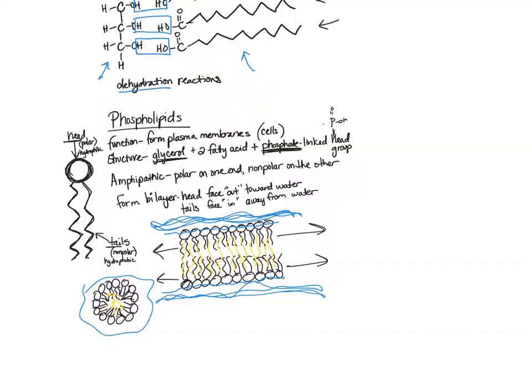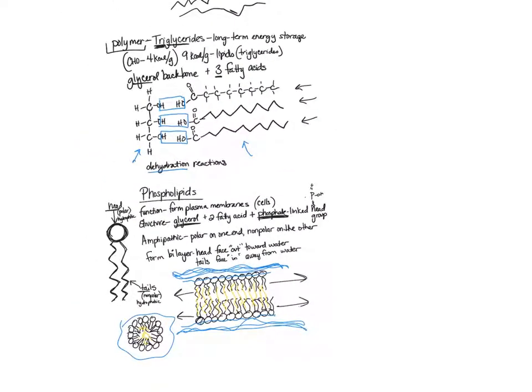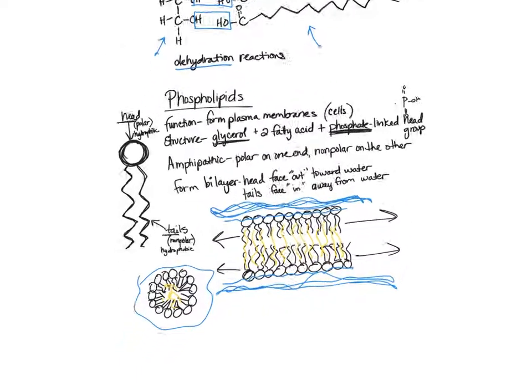All right, so then we have our polymers, again, triglycerides and phospholipids, and we're going to look at our last lipid polymer, called the sterols. Now the sterols, their function is for structure and communication.